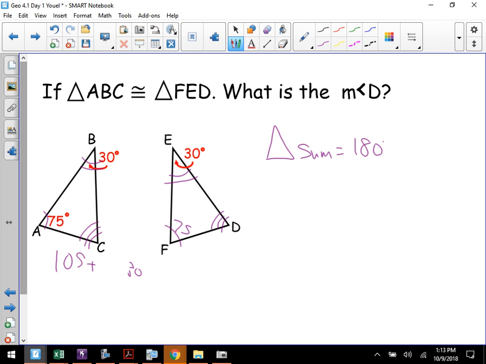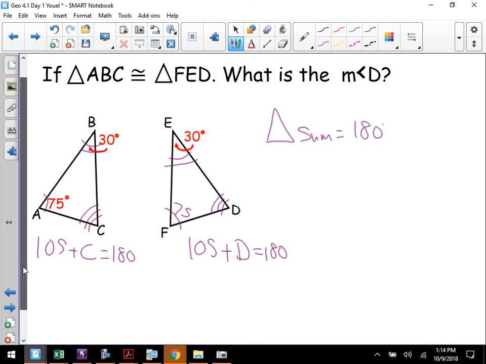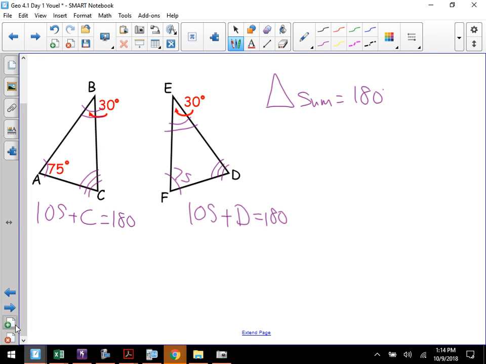Let me write this out real quick. And we know that 105 plus F versus D is also 180. Now, if you look at it, you guys are both saying that they're equal to 75. Do these two things equal the same thing? Yes. Which means they're equal to each other.